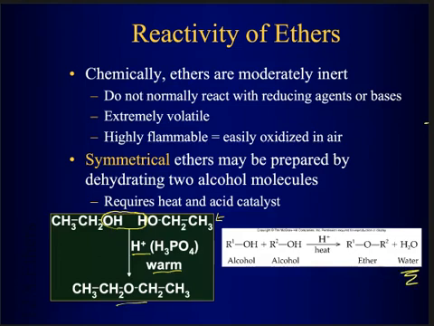So I get water as a byproduct, so 1 alcohol and 1 hydrogen get removed to form water, and the rest makes an ether. So that's the main reaction of how to prepare an ether.